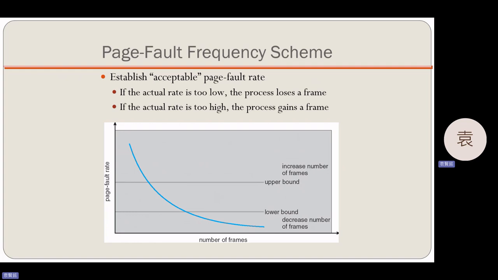If any process is out of these bounds, then you do relative adjustments to make all the processes behave, with page fault rates in the middle of the upper bound and lower bound.